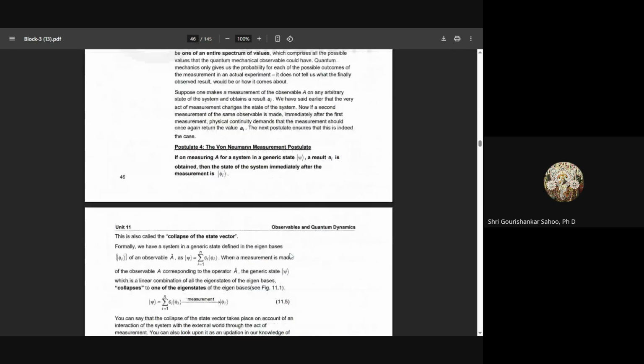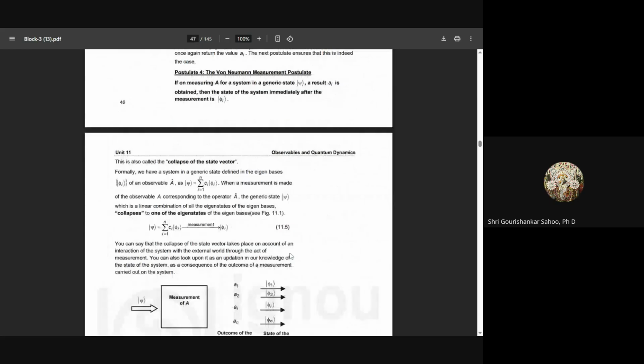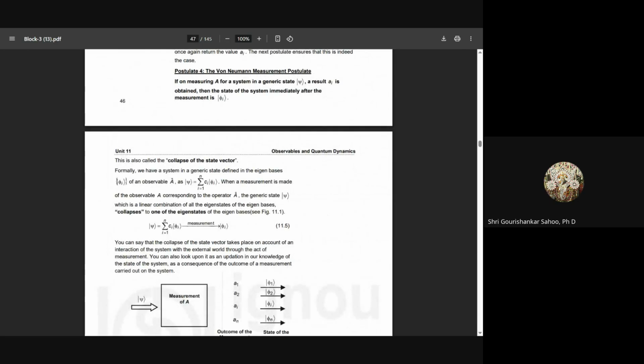Then fourth, the von Neumann measurement postulate. If on measuring A for a system in a generic state psi ket, a result Ai is obtained, then the state of the system immediately after the measurement is phi i. So you can see, suppose there is psi ket, then you measure some value.